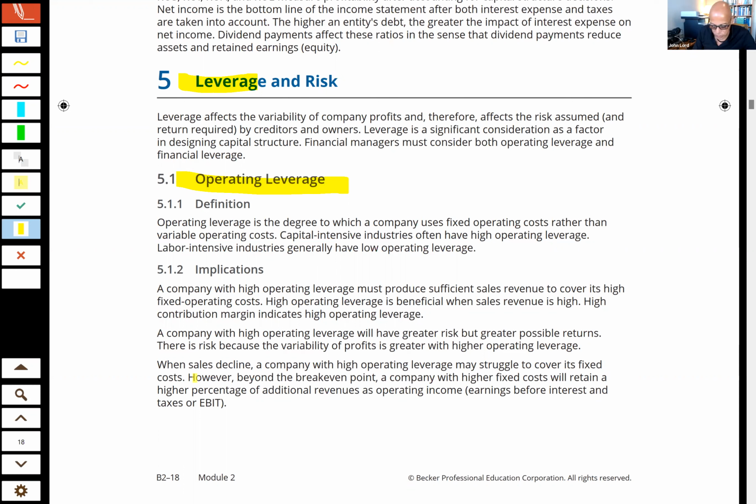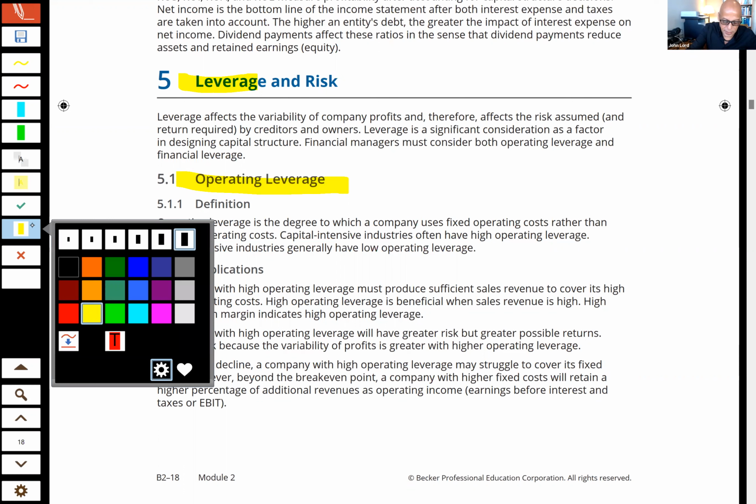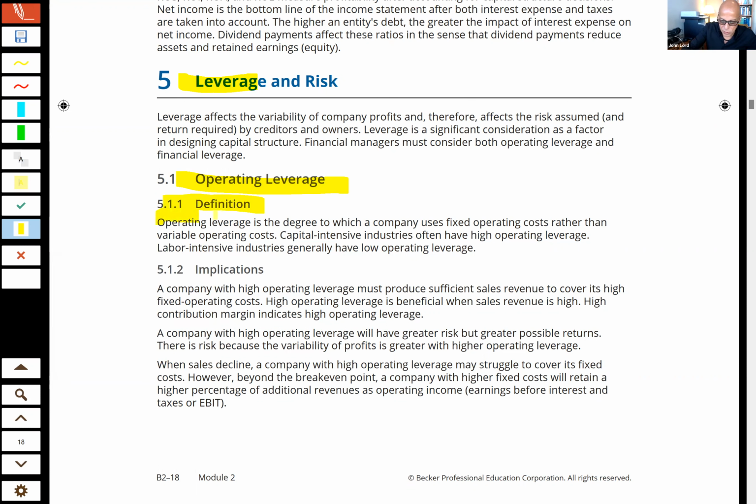Okay. All right. So let's take a look at the operating leverage. And again, the definition: it is the degree to which a company uses fixed operating costs rather than variable operating costs. Capital intense industries often have a high operating leverage, labor intensive industries generally have low operating leverage. You can flashcard all that.